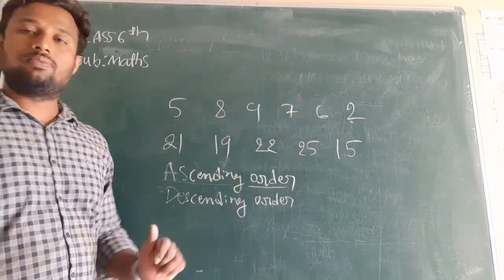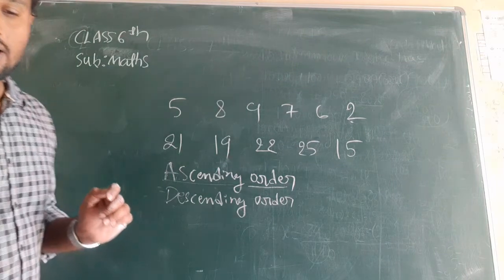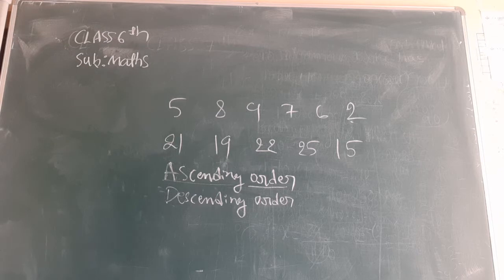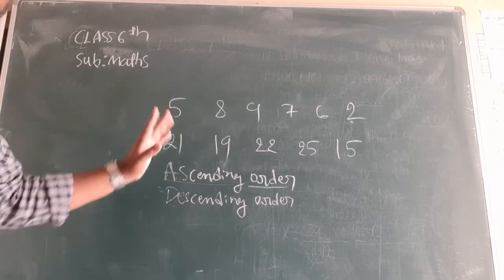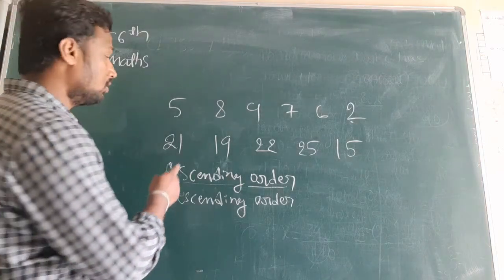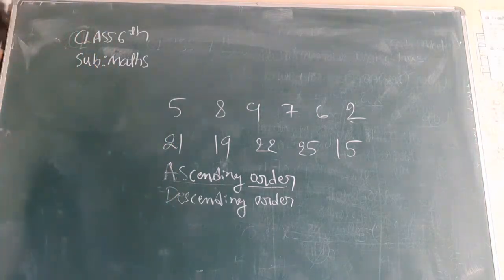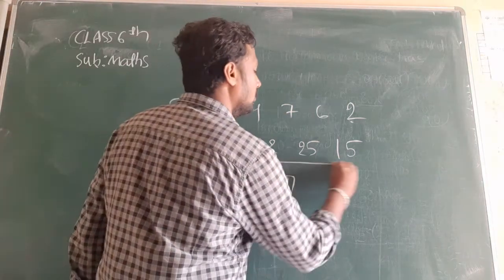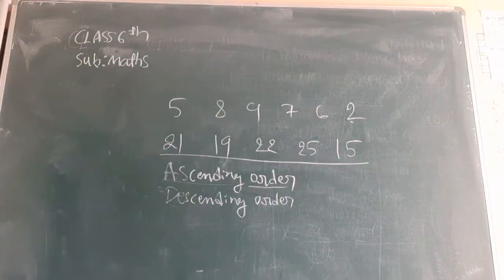So ascending order means arrangement from the smallest to the greatest value. Here I will start writing these numbers from smallest to greatest.